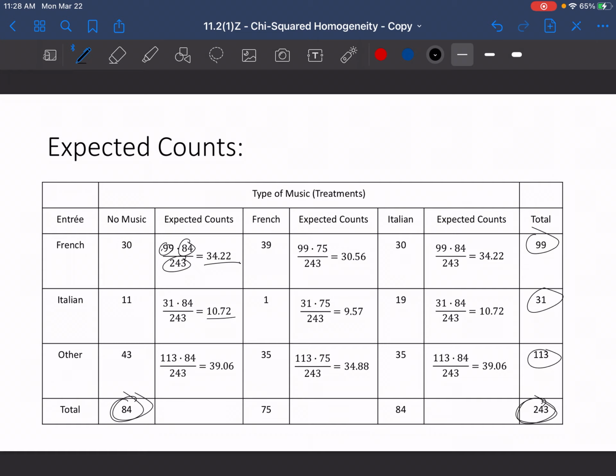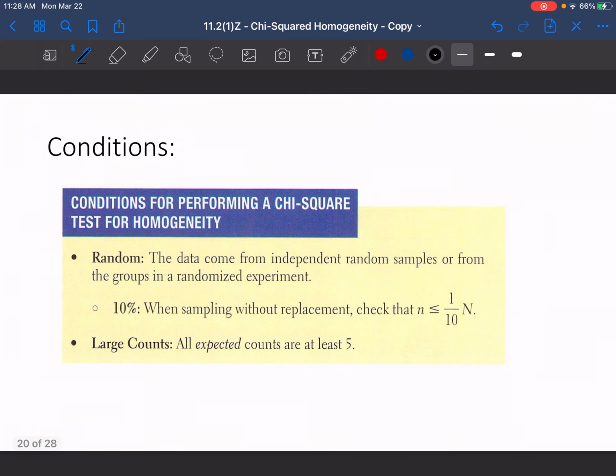We would do it again: 113 times 84 divided by 243. That gives us an expected count of 39.06 for this. We would do the same thing going through each one of the other scenarios in this case to find our expected count for everything. And that leads to actually finding the test statistic in this case.